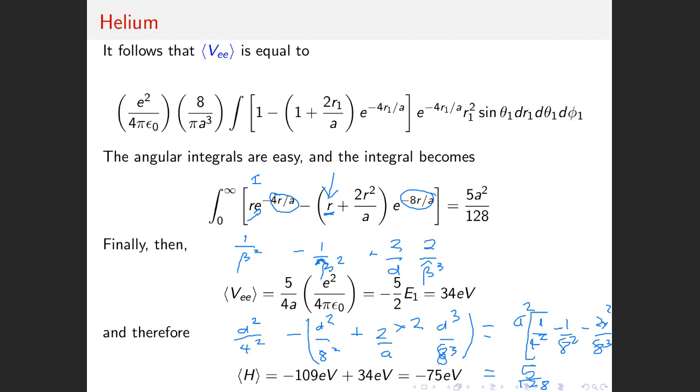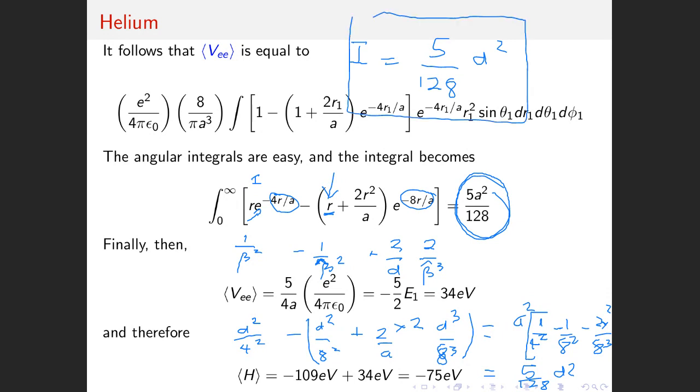Just check that. And then this a cubed. Right? So this is the end result of all these long computations. That integral that we wanted to do is given by 5 over 128 a squared.